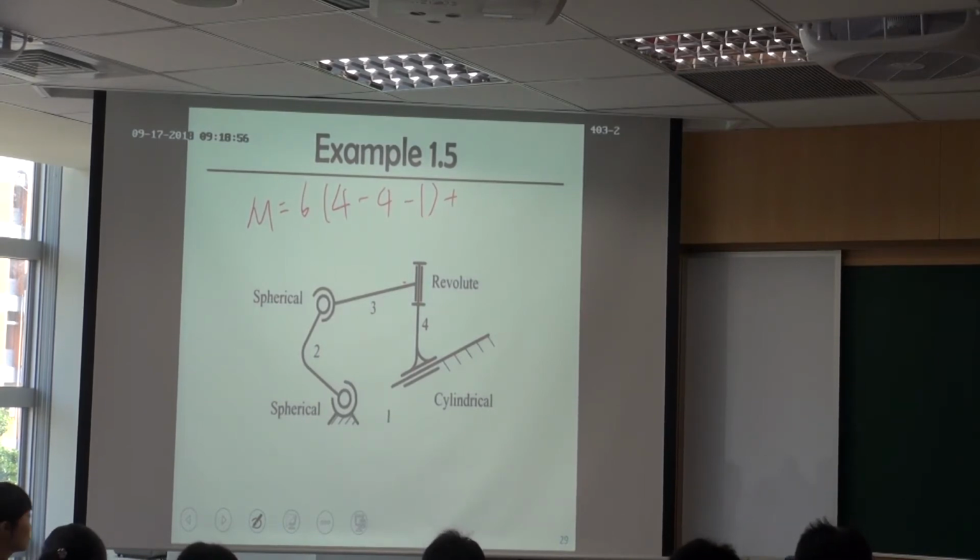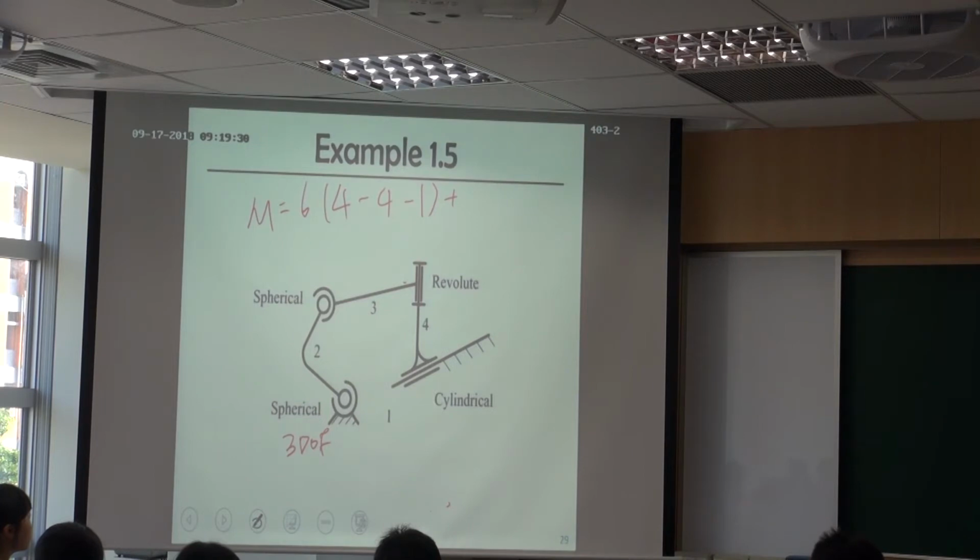A spherical joint, we also call it a ball joint. It's a ball, and you use a shell to constrain the ball, but the ball can rotate in any direction. Right? So this spherical joint contains 3 degrees of freedom. It means 3 rotational. It can rotate about 3 different axes. So this one will have 3 degrees of freedom.